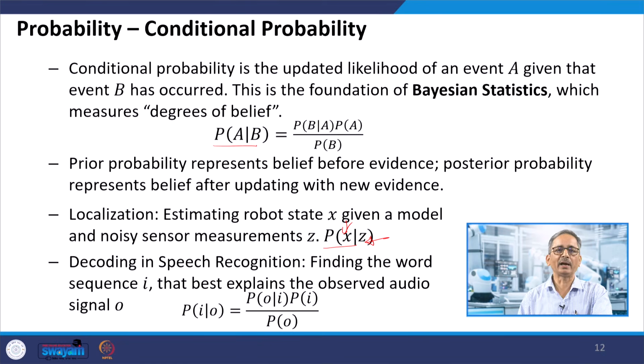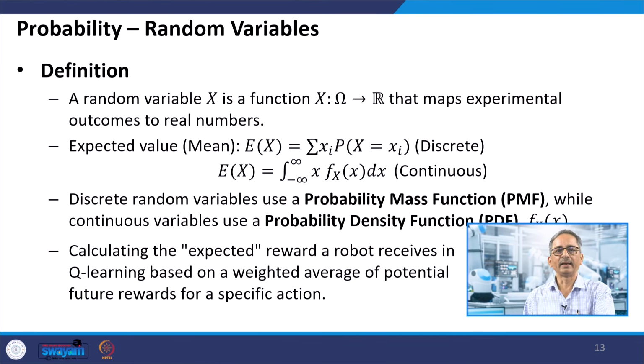Then we can also use this concept in decoding in speech recognition, finding the word sequence, say I, that best explains the observed audio signal O, which can again be given this way.